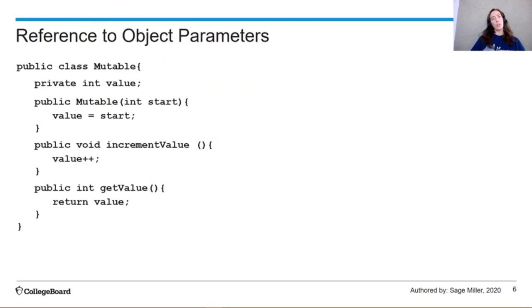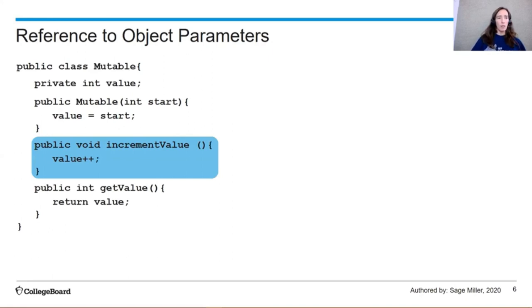How does this look different if the parameters are referenced instead of primitive? So here we have a class mutable. It has a data member, value. You could go back to 5.1 if you need help with data members. It has a constructor. You could go back to 5.2 if you need help with constructors. It has a mutator. Mutators are gone over in 5.5.